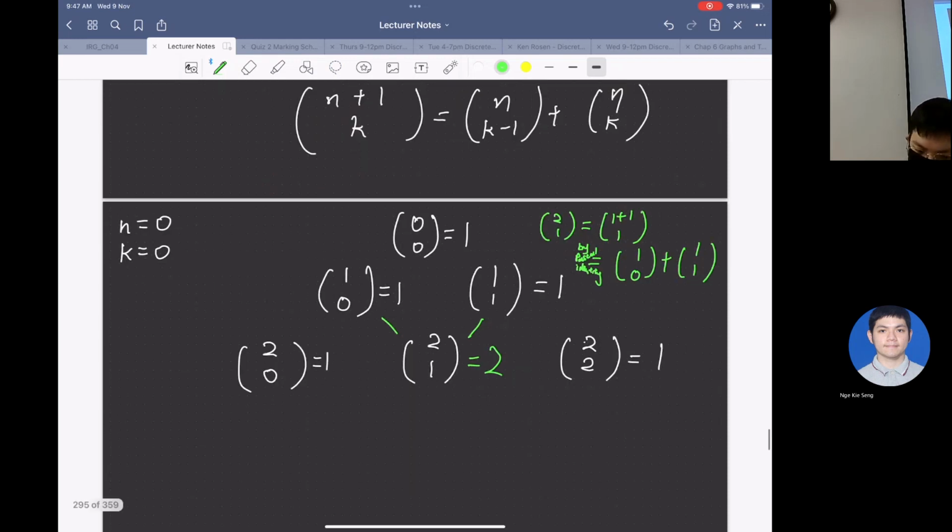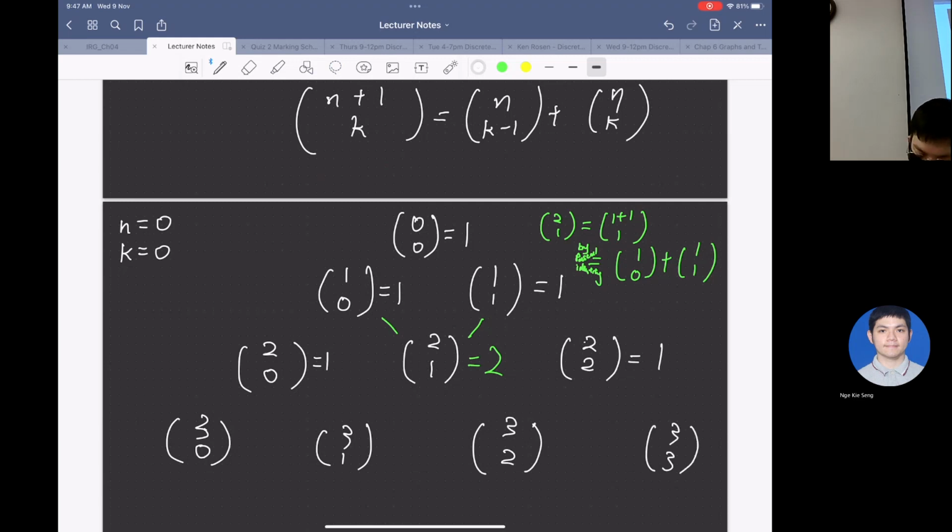And then similarly, you can go to the next row, compute the Pascal triangle. So this one is 1, 1.